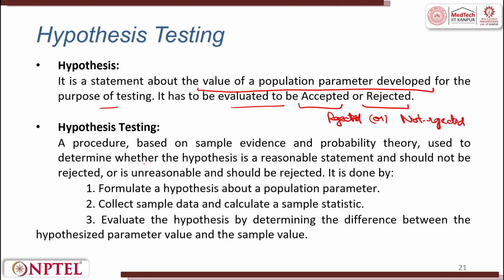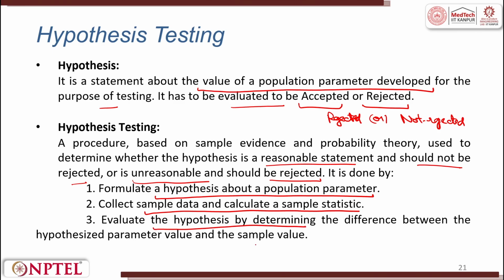A procedure based on sample evidence and probability theory, used to determine whether the hypothesis is a reasonable statement and should not be rejected or is unreasonable and should be rejected, is done by: number 1, formulate a hypothesis about the population parameter, collect the sample data and calculate the sample statistic, evaluate the hypothesis by determining the difference between the hypothesis parameter value and the sample value.